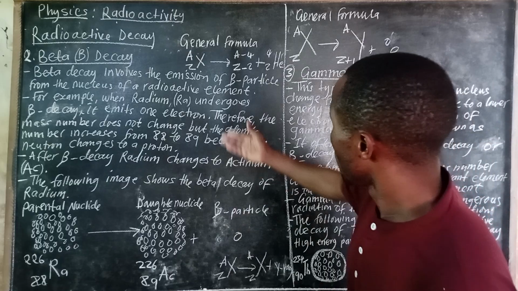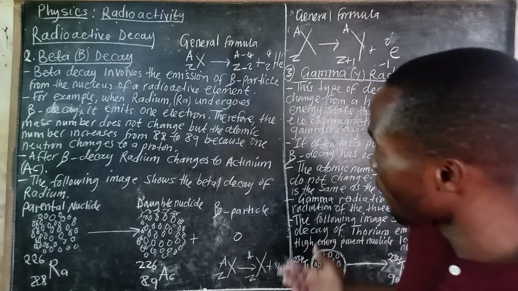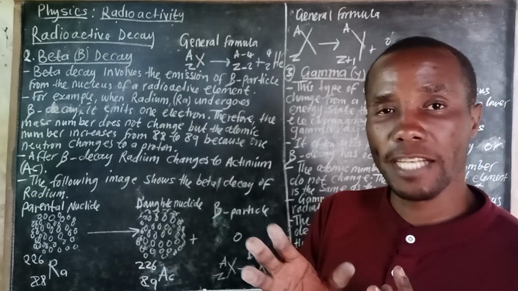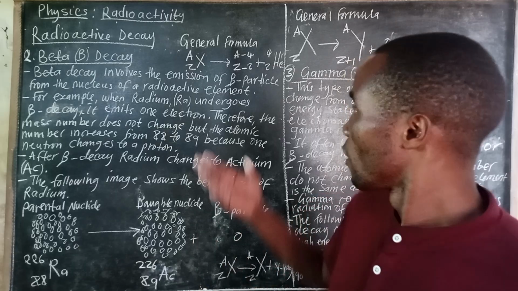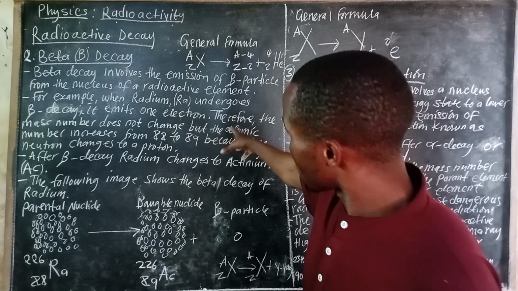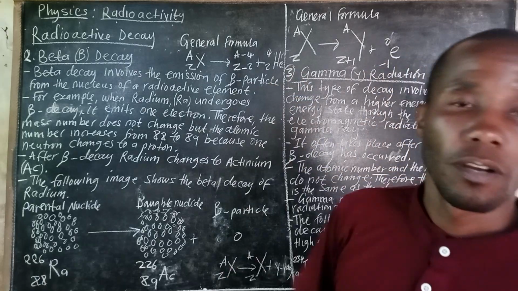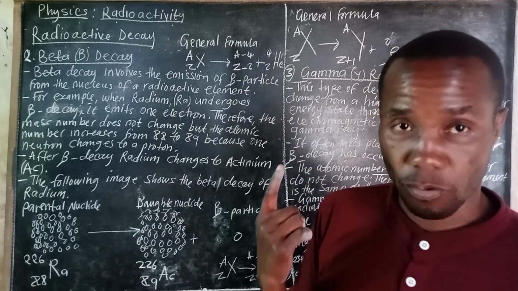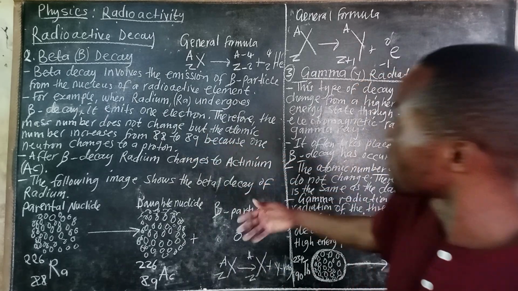When radium undergoes beta decay, it emits one electron. Remember the characteristics of the beta particle from the previous lesson: it gives one electron.